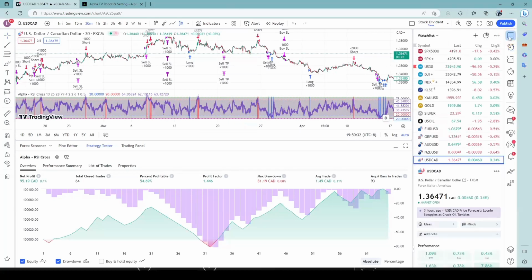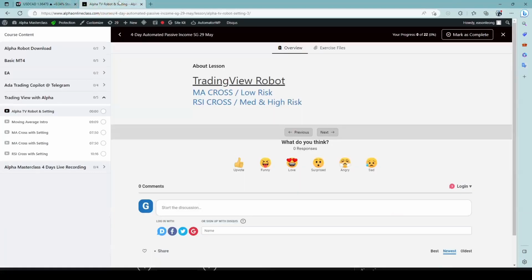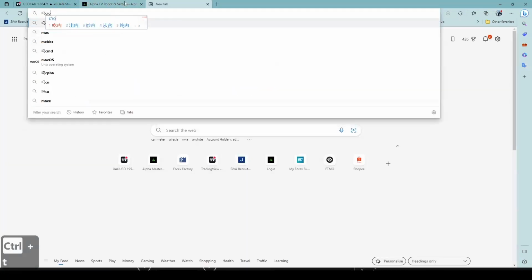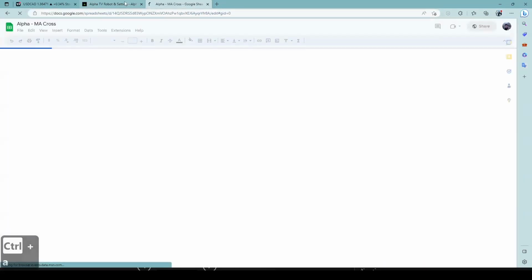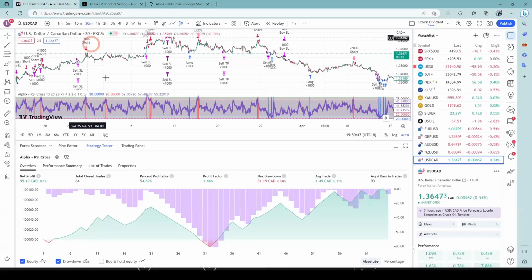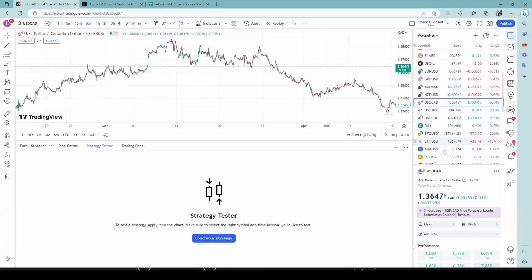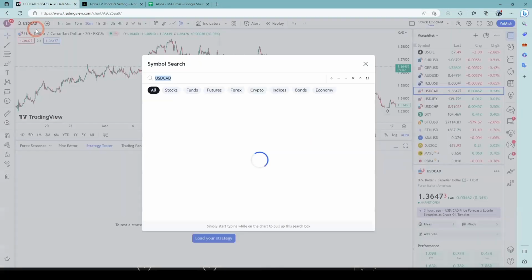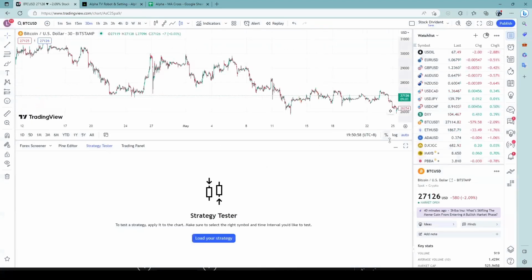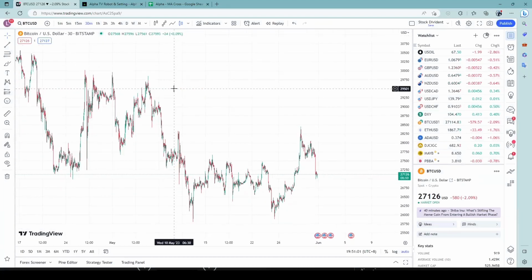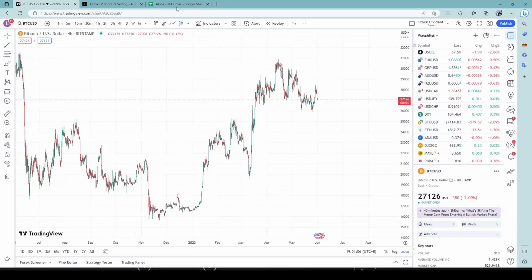And yesterday someone asked, can this thing apply to cryptocurrency or not? I will say definitely. Let's say we take an MA cross. Now I would like to use MA cross on Bitcoin. In Bitcoin, let's say I challenge myself to go for another time frame that you guys have not tried before: 4 hour.